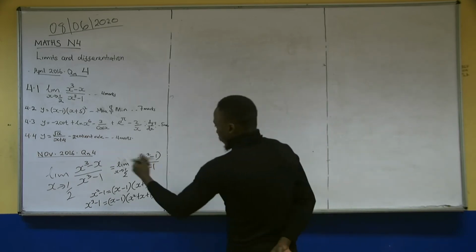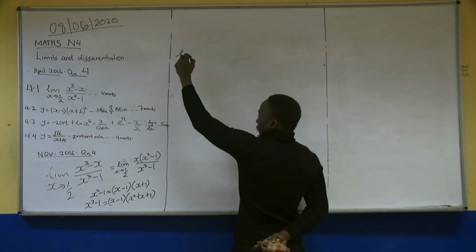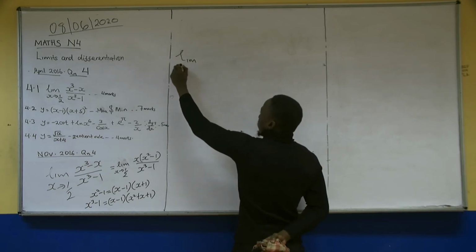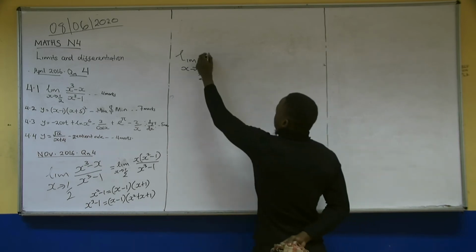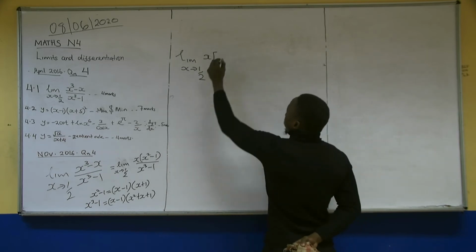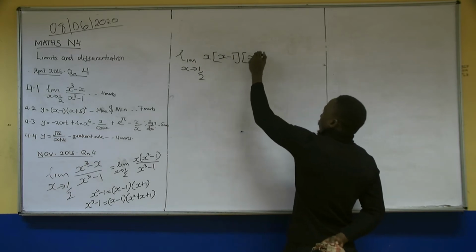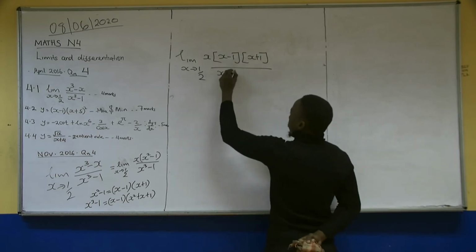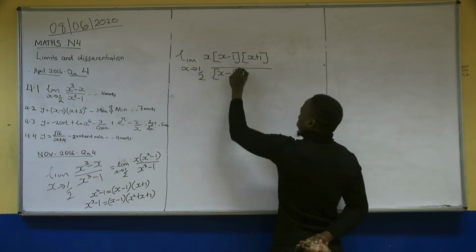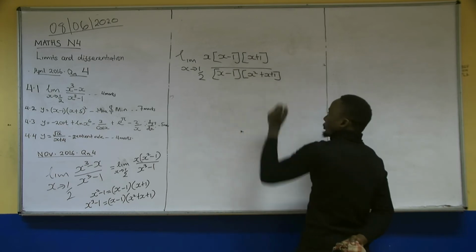So we go back to our equation. We're going to substitute those terms as x goes to a half: x into x minus 1 times x plus 1 over x minus 1 into x squared plus x plus 1.